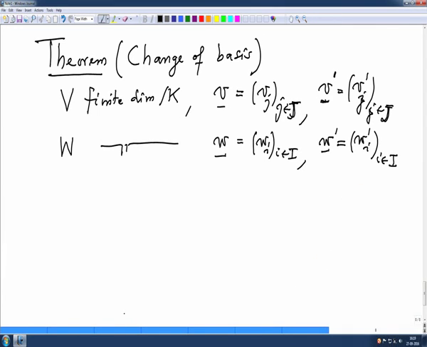F is a linear map given to us, F from V to W, a K linear map.